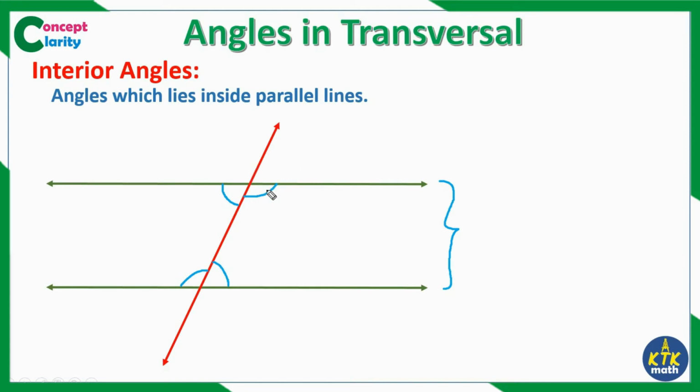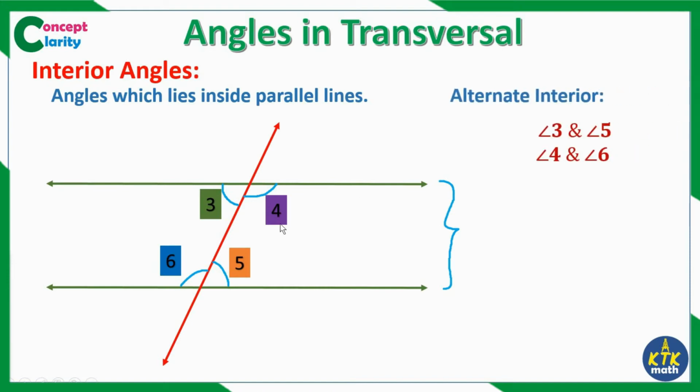Now, as I told you, interior angles have two types. What are the types? One is alternate interior and another one is same side interior. Alternate interior means, you just observe here, 3 and 5. 3 and 5 are alternate interior. That is, when you are comparing interior angles, one will be on the left side of the transversal, another will be on the right side of the transversal.